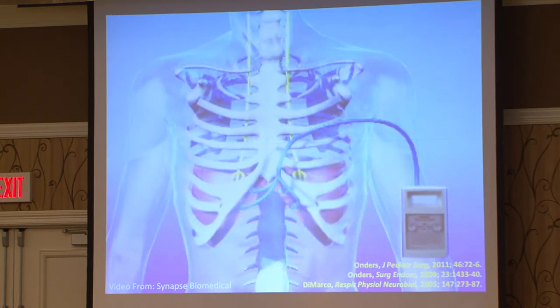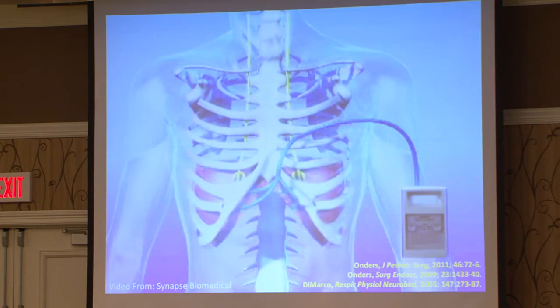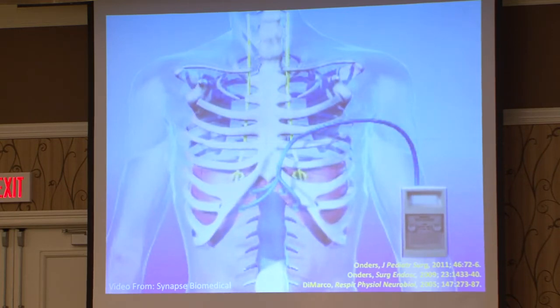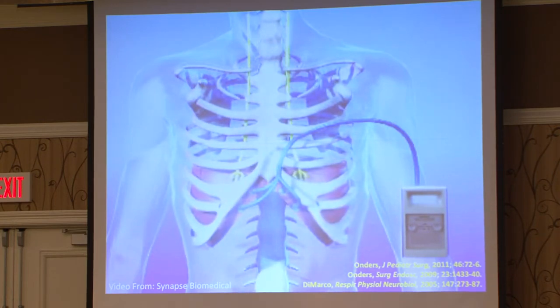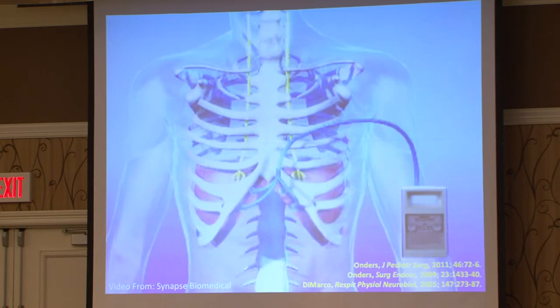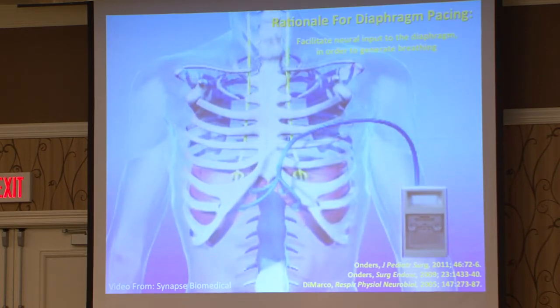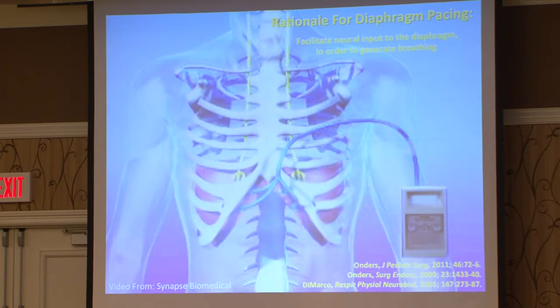Those are externalized, usually in the right side of the abdomen, and connected to an external pulse generator that delivers the stimulus to tell the diaphragm and that active area of the phrenic nerve to depolarize, to generate an action potential, and to do the work of breathing. And so really the goal, the rationale for this is, as we say right here, to facilitate neural input to the diaphragm so it can do its work.